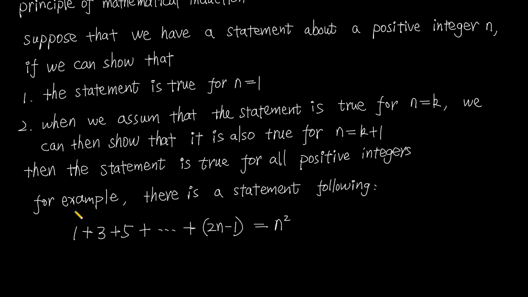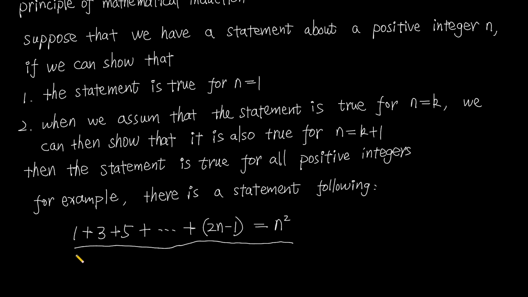If we can show that this statement is true for n equals 1, and then we assume that the statement is true for n equals k, and we can then show that this is also true for n equals k plus 1, then this statement is true for all positive integers.